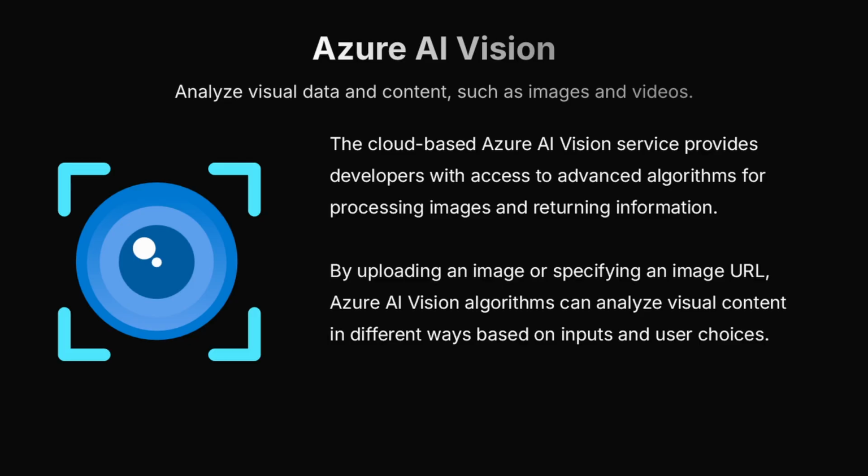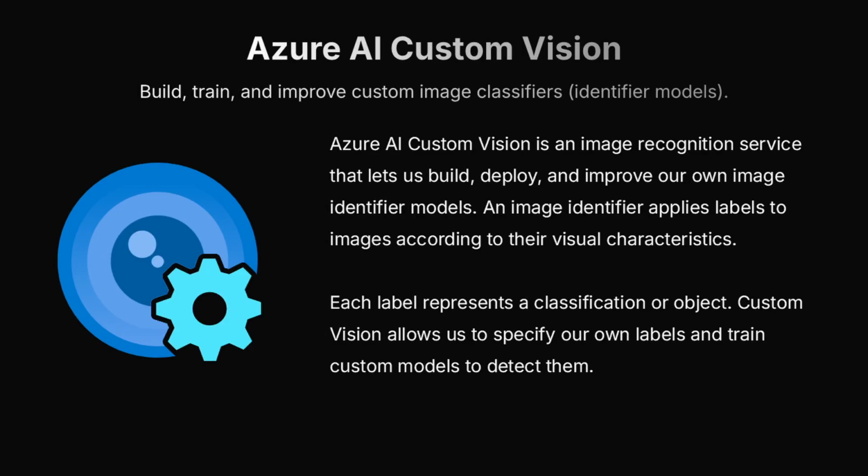In simple terms, analyze visual data and content such as images and videos. Azure AI Custom Vision. Azure AI Custom Vision is an image recognition service that lets us build, deploy, and improve our own image identifier models. An image identifier applies labels to images according to their visual characteristics.